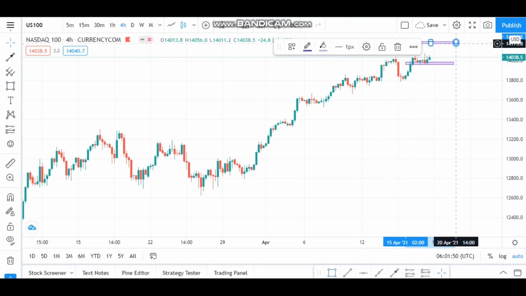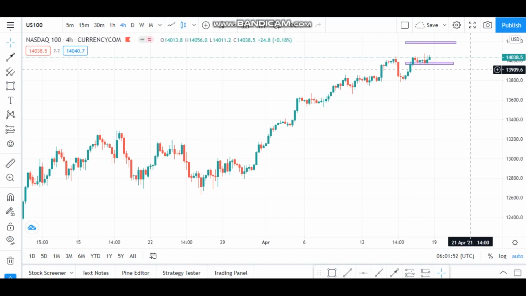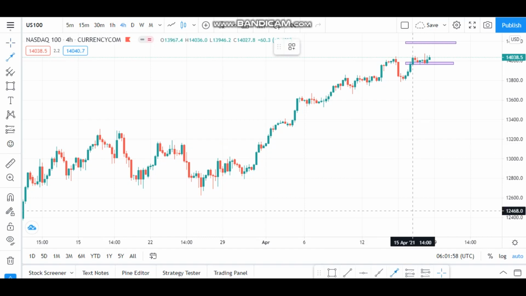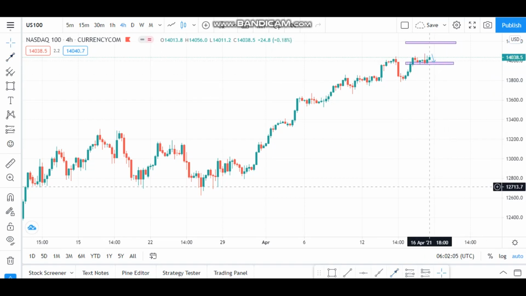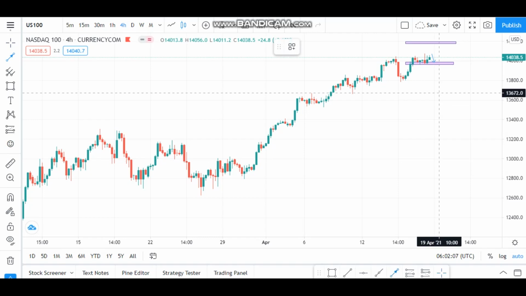It couldn't go any further. But personally, I'm anticipating that price should first test this support before going bullish, because this is a respected support by Nasdaq. So the high probability is the market tests the support and then goes bullish.